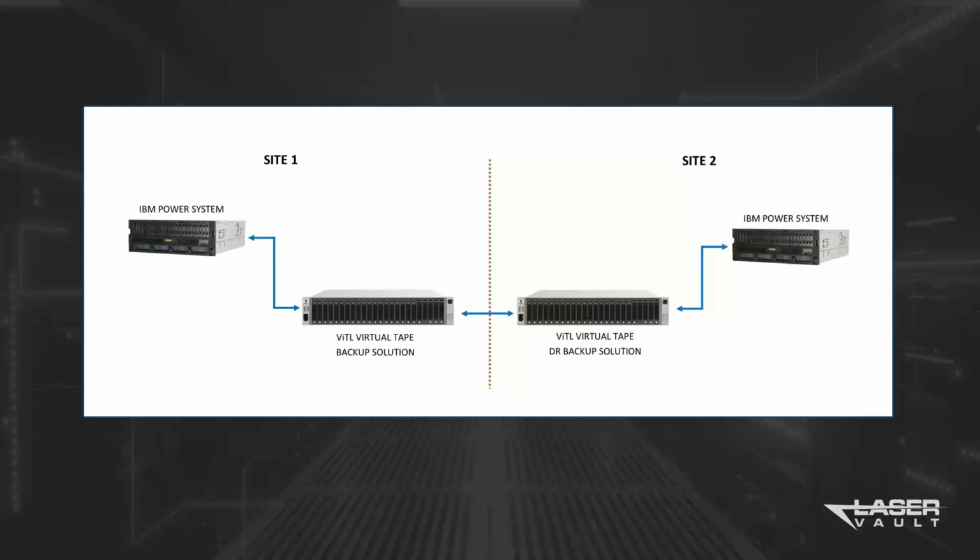So either way, you can have two copies of your backups for disaster recovery purposes. And we'll also talk about cloud backup or cloud replication for second and even third copies of your backups, as well as a way to even copy to tape from virtual tape.